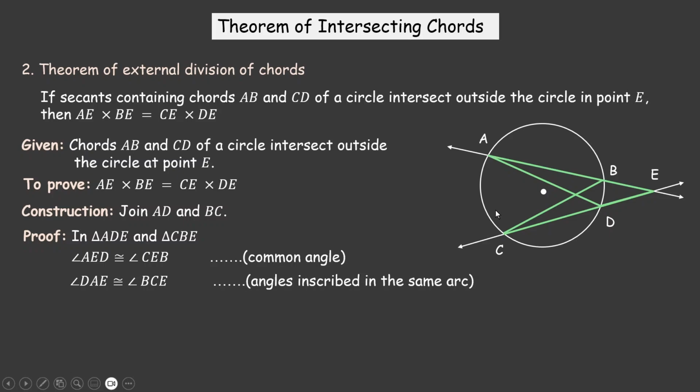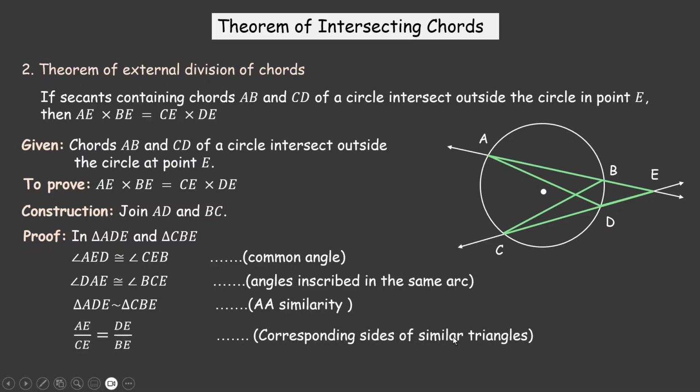Then angle DAE and angle BCE are again equal or congruent because these are angles inscribed in the same arc BD. So once again, by angle-angle similarity, we get that these two triangles are similar. And by the corresponding sides of similar triangles property, we get that AE upon CE is equal to DE upon BE. Now let's cross multiply these. We get AE into BE is equal to CE into DE.